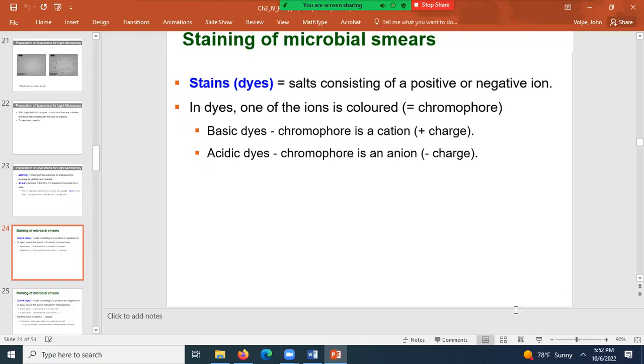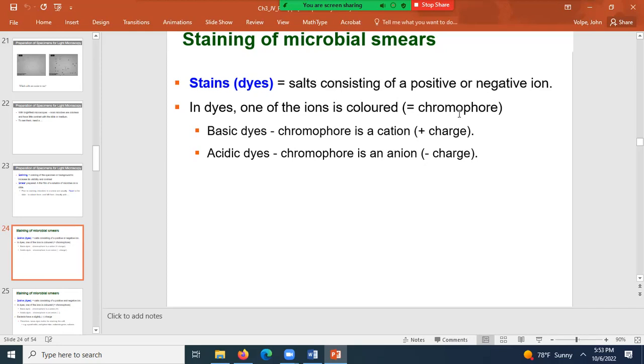All right, let's talk a little bit more about dyes. Dyes are a stain that we use to see the specimen more clearly. The stains are all salts, meaning they have a positive cation and a negative anion. And that gives the salt a positive and negative charge.